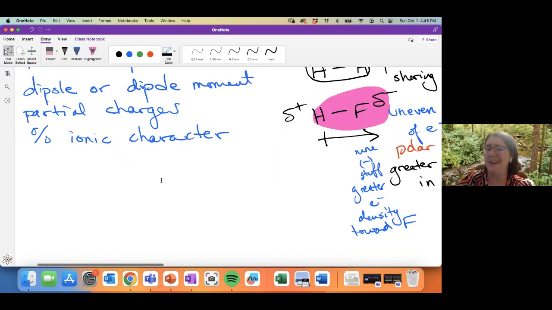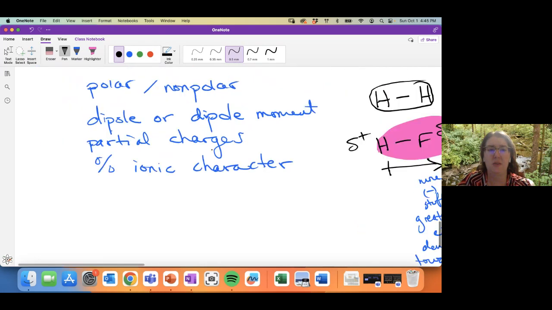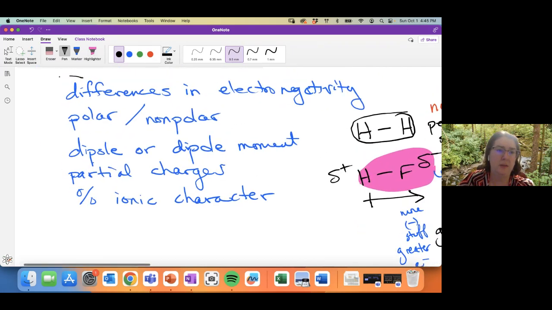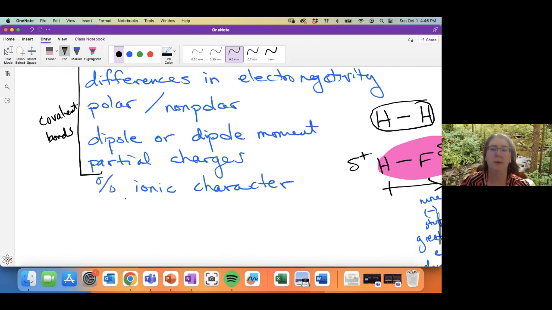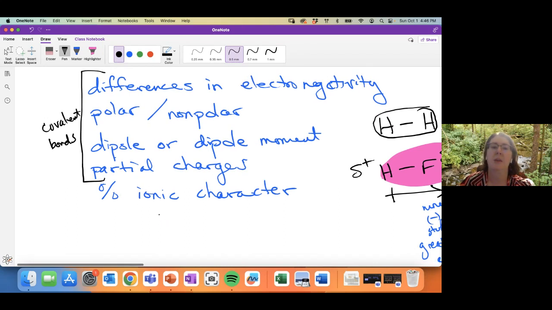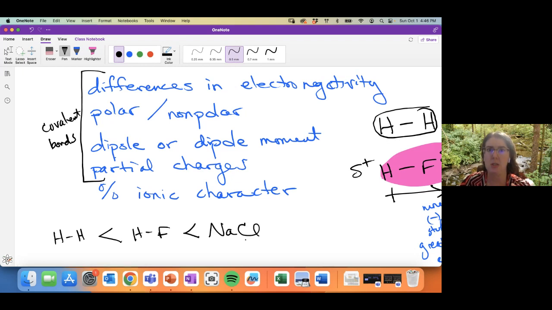Then I went ahead and threw percent ionic character in there, just because the rest of these are all about covalent things. So all of these have to refer to covalent molecules and covalent bonds. That's the only time you get to really talk about those. But every once in a while, somebody is like, but if you have partial charges, then couldn't we rank something and be like, this one's got perfect sharing, and this one's got some difference between it, and then like sodium chloride, those are whole charges.